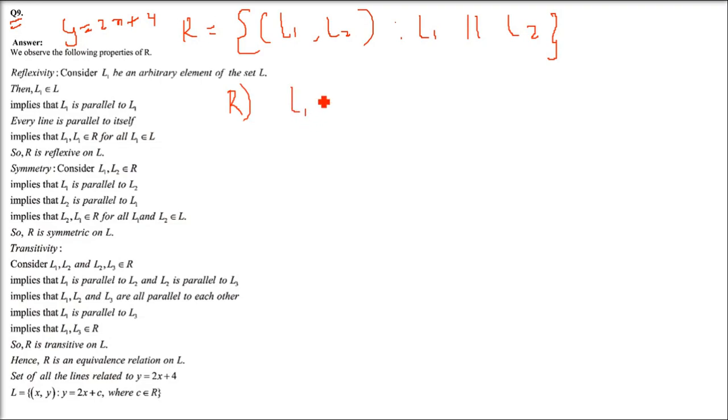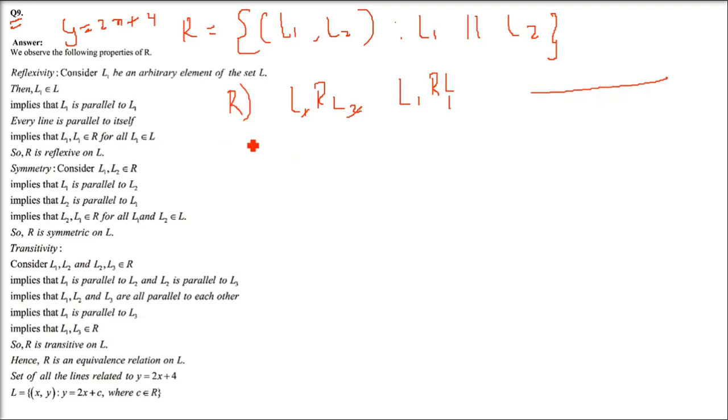See, if we have reflexive, if one line is related to the other line, in reflexive both lines are the same. So both are L. So L1 is related to L1, or L is related to L. Both are the same line, and the condition is a line is parallel to a line.